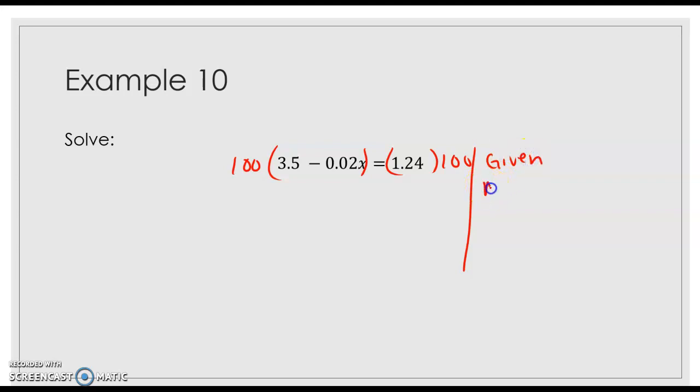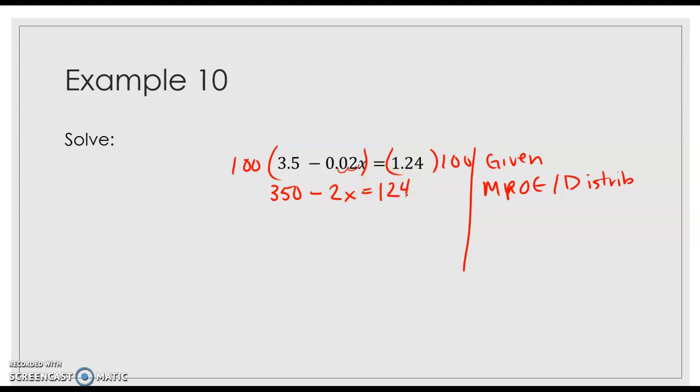I'm given using that multiplication property of equality along with our distributive. Then I'm now going to distribute that 100. So 100 times 3.5 is going to be 350 minus, I move this 2, 1, 2, and I end up with 2x equals 124.